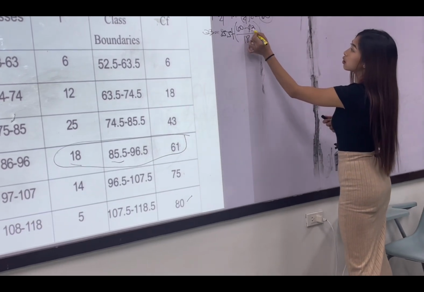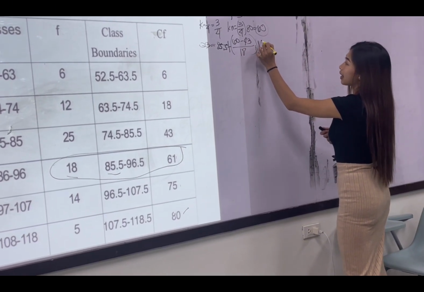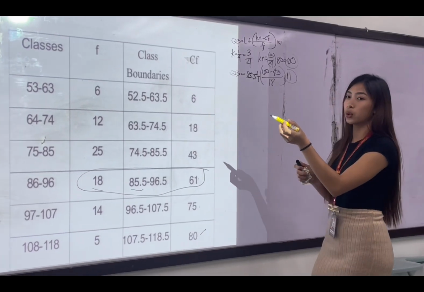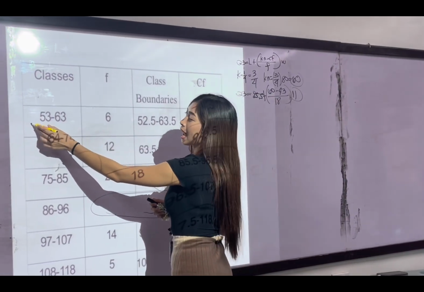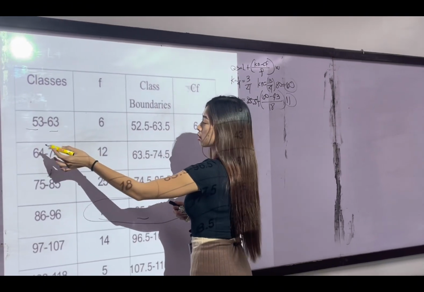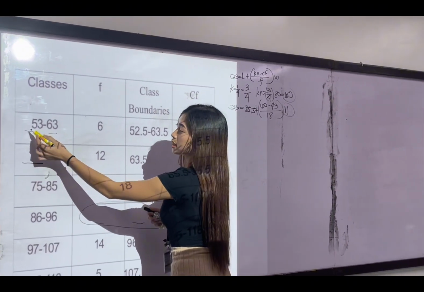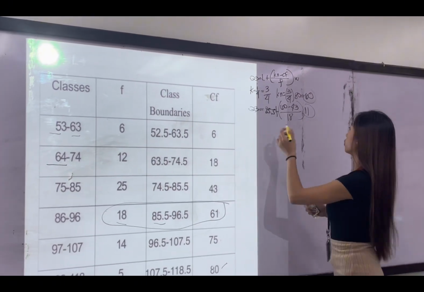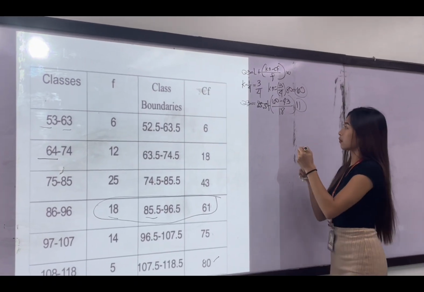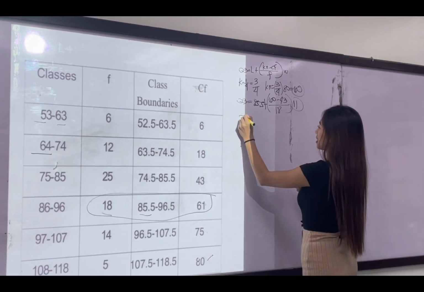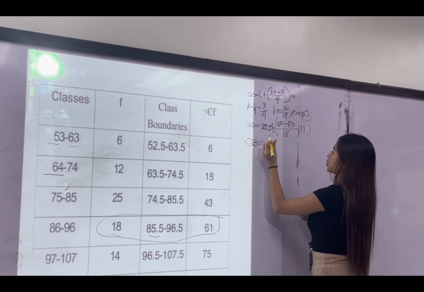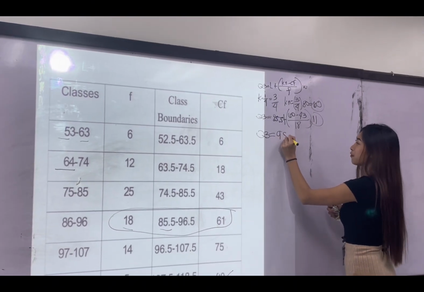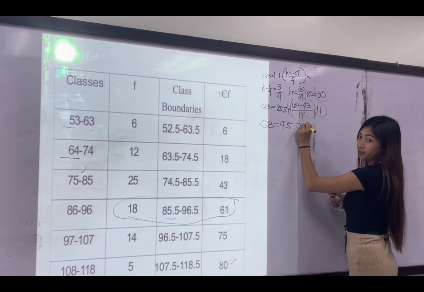And multiplied by 11. To get the 11, we just take the lower class boundary and the upper class boundary and subtract. So you get the 11. Computing this, quartile 3 is 95.89.